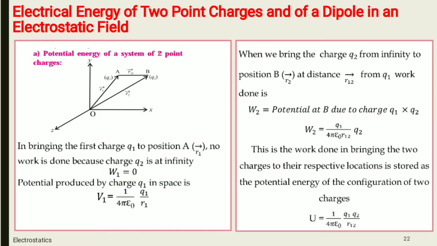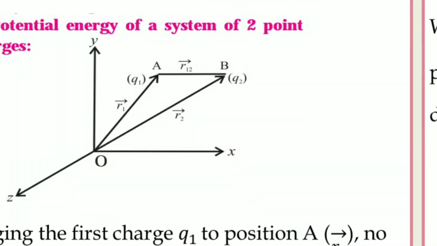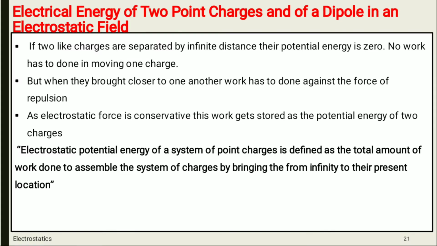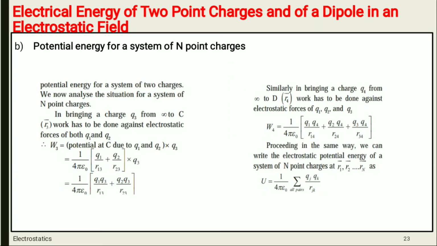So you can see in this figure, we take one more charge Q3, and we are again displacing that Q3 charge from infinity near to the charges Q1 and Q2, separated by distance r3 from the origin to point C. So what will the work done be?